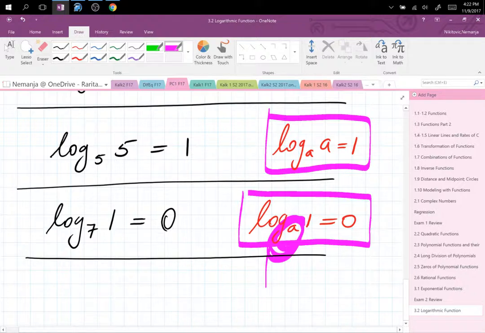So log of any base of 1 is 0. And I call those cute rules. So guys, we have 4 formulas so far. Do we? Right? Maybe I should keep track of those formulas on the board, so you can see all of them at all times.